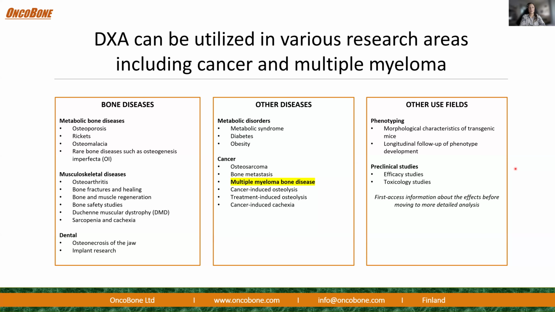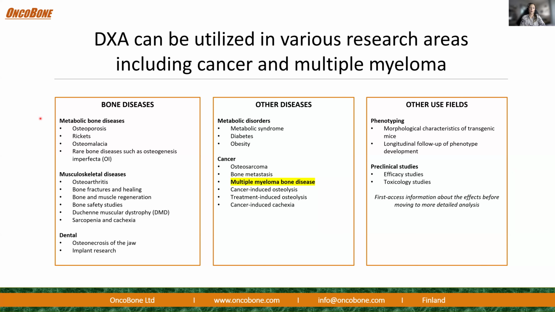In the questions that we received before the webinar, there was a question about where DEXA can be used. So this is one list to try to answer that question. DEXA can actually be used in multiple different indications and areas. If we look here on the bone disease side, it can be used to study osteoporosis, as mentioned earlier.